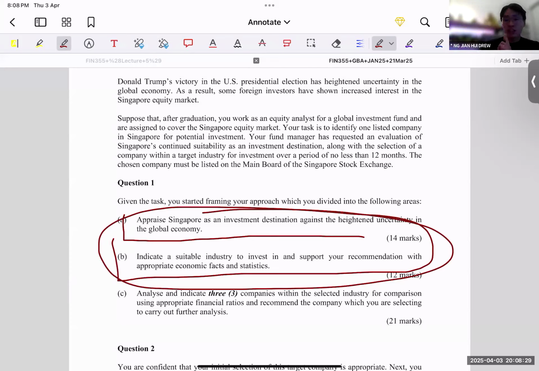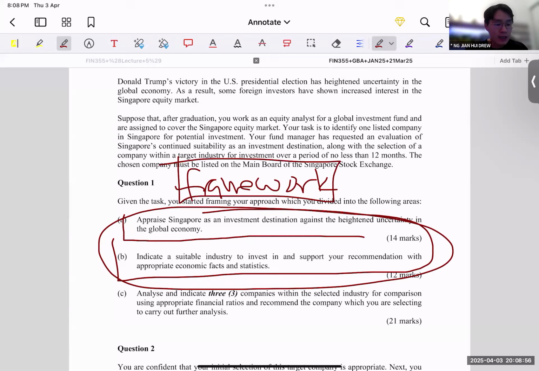On this question, I would say in general, and you can apply this for your ECA as well, whenever you are asked to do any macro environment analysis, macroeconomic analysis, you should use a framework. Groups that use a framework generally score very well.